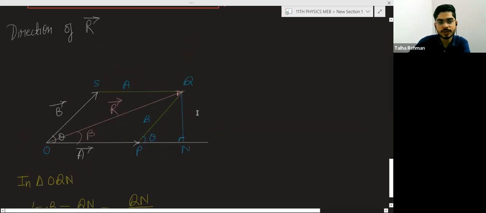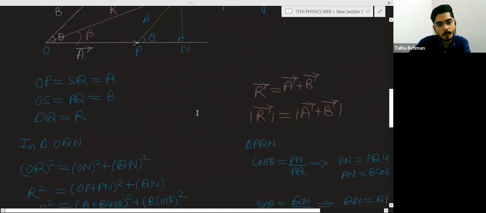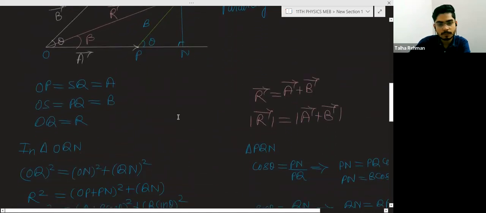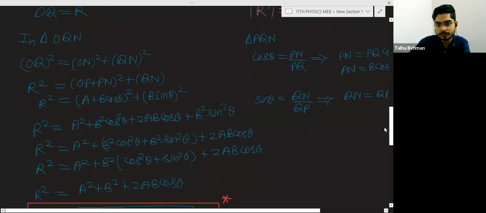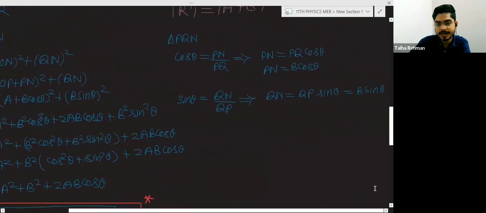Now what is this QN? QN was already calculated, that is B sin theta.